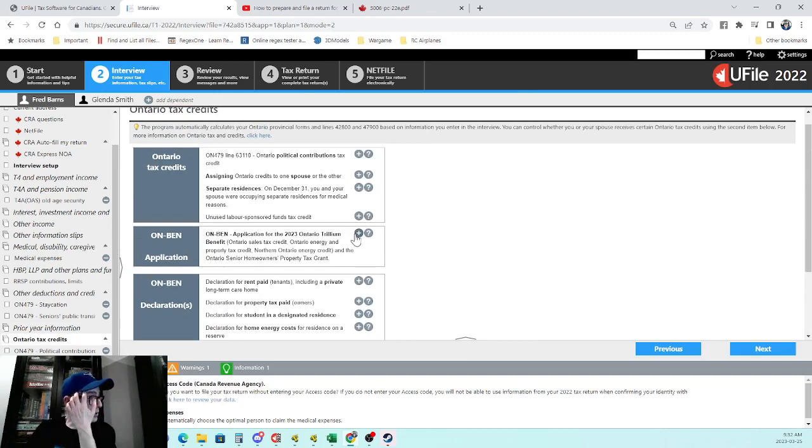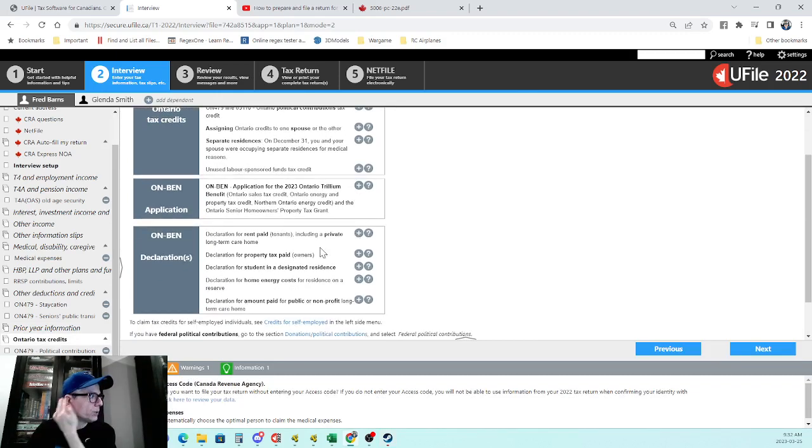And then also, depending on whether you are a homeowner or a tenant, you need to identify your home information here, either the information on your property tax bill or the information with respect to who is your landlord and how much rent you pay.